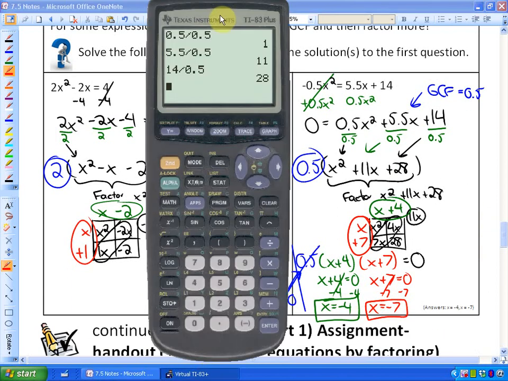And just before we finish this lesson, let me go ahead and graph this function here, 0.5x squared plus 5.5x plus 14. What you'll notice is my zeros, or my x-intercepts, or my solutions are at -4, like I have here in green, and -7, like I have here in red.